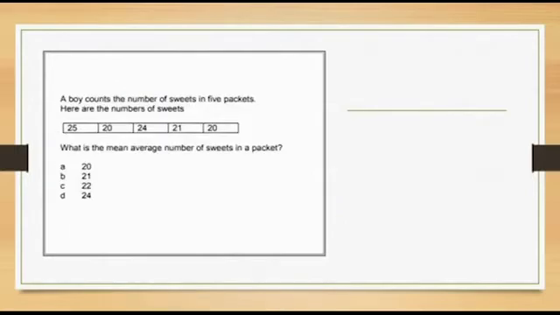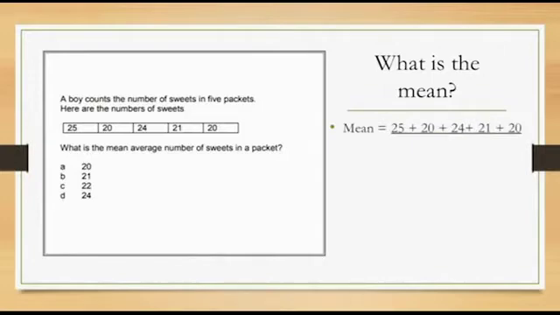A boy counts the number of sweets in 5 packets. Here are the number of sweets. All right, so what is the mean average number of sweets in a packet? So we have 25, 20, 24, 21, 20. How many packets of sweets? 5. So we're dividing by 5.